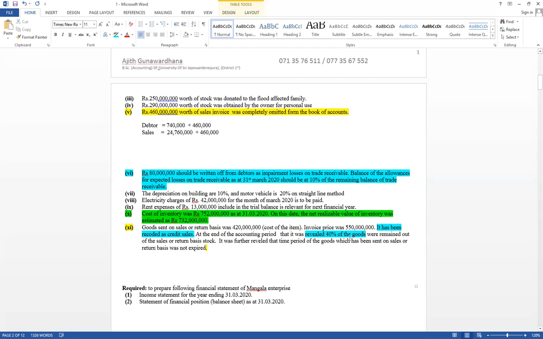Therefore, based on selling price, 40% should be removed from debtors and sales. From that 550,000, 40% was not sold. You have to calculate 40%. Therefore, 550,000 into 40% equals 220,000.